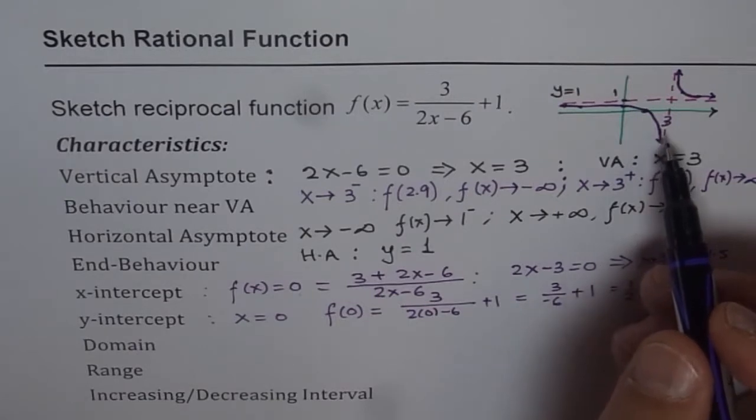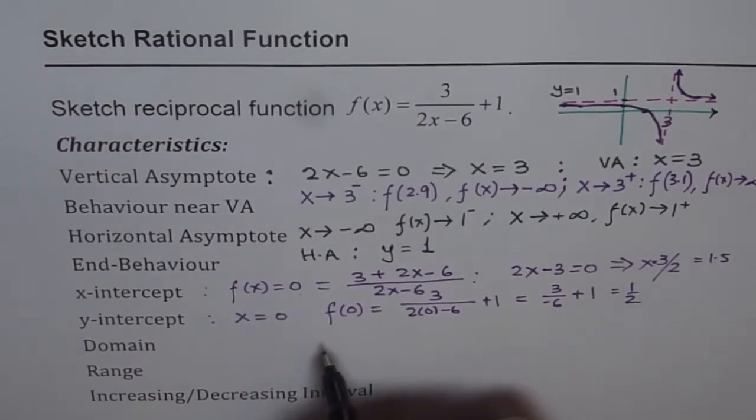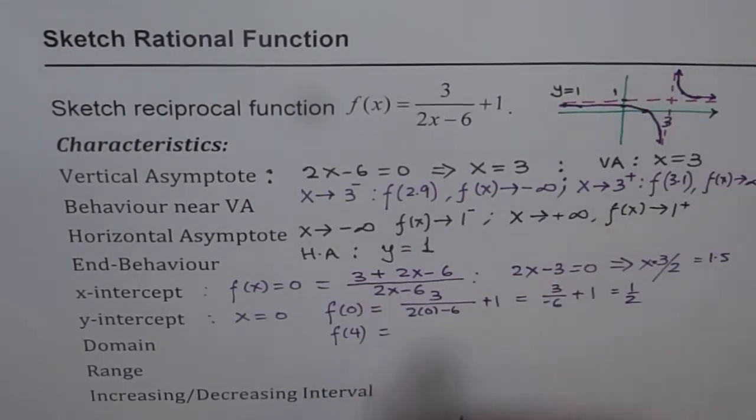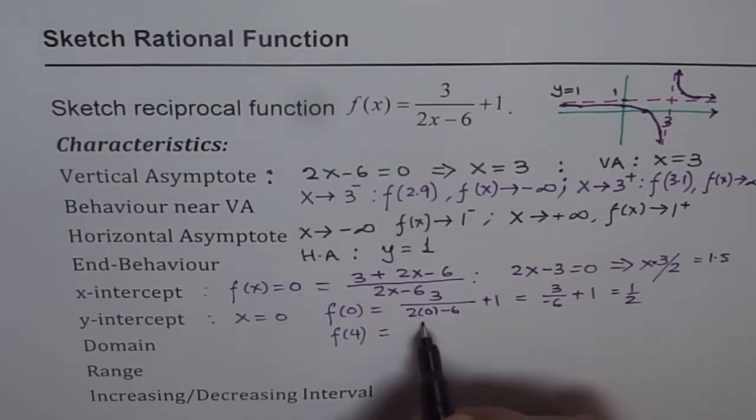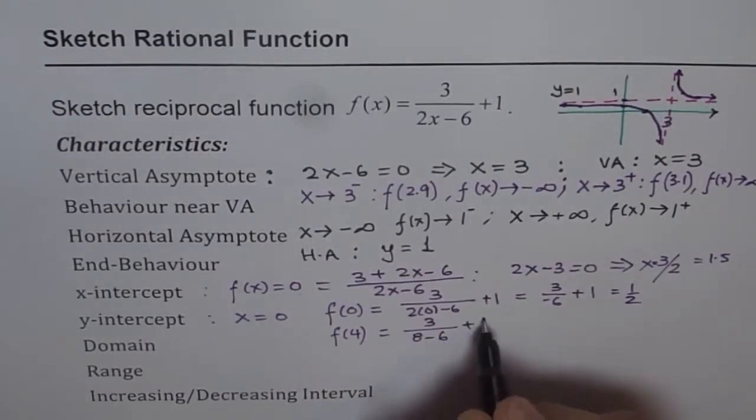So let's add f of 4 just to get a point on this side. 3 over 2 times 4 is 8 minus 6, plus 1.